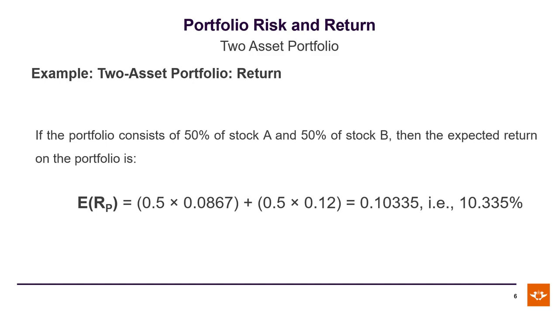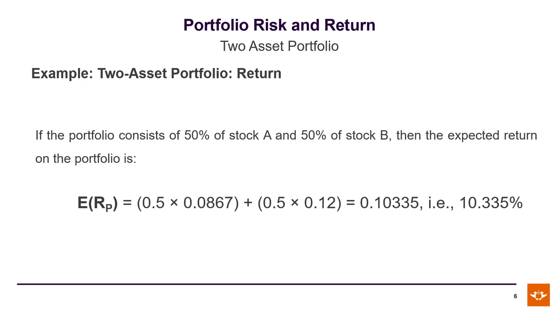Notice it's not as high as the return on stock B, but it's better than the return on stock A. So when you are constructing a portfolio, you really are looking at trying to get a decent return, but not taking too much risk.